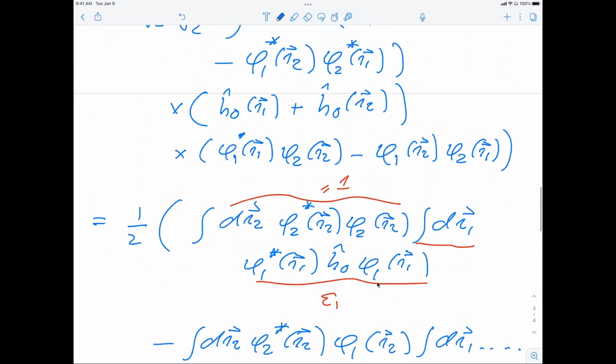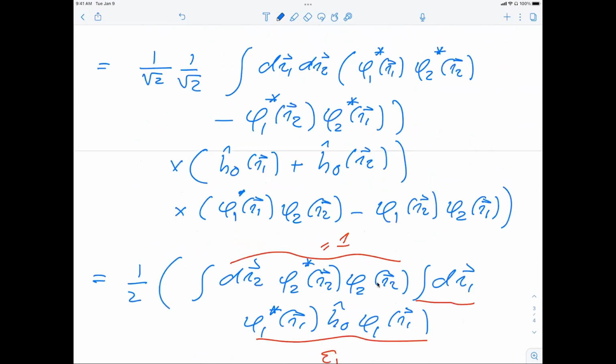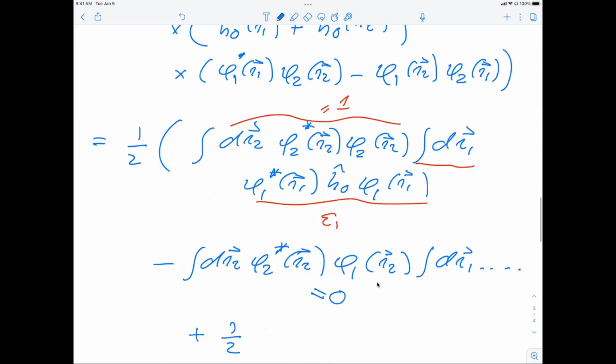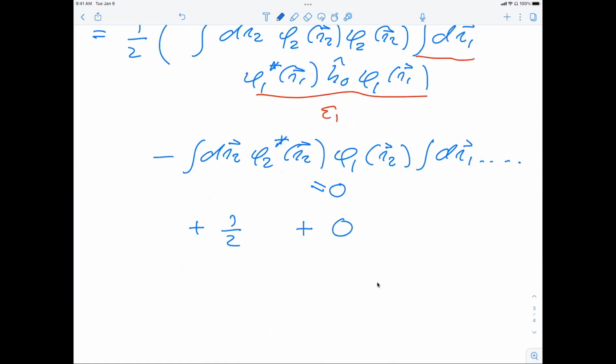Now, suppose we are still looking at this term here. We multiply it with this one, but now we multiply it with that one. What should that give us? That gives us 0. Excellent. So we get a plus 0.